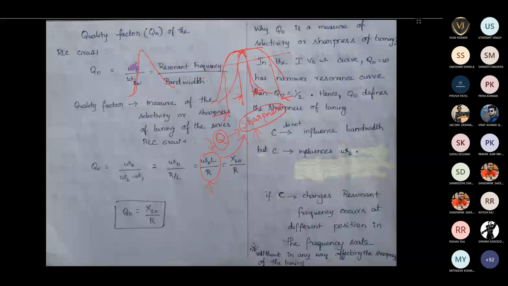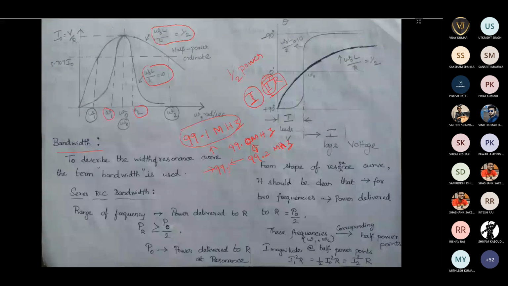How we decide that range is based on the half power frequency, which we will be discussing in this part again. So omega L divided by R gives the quality factor. This is for the quality factor of 1 by 2, and this is for the quality factor of 10.